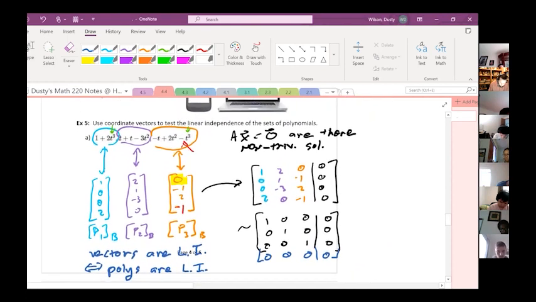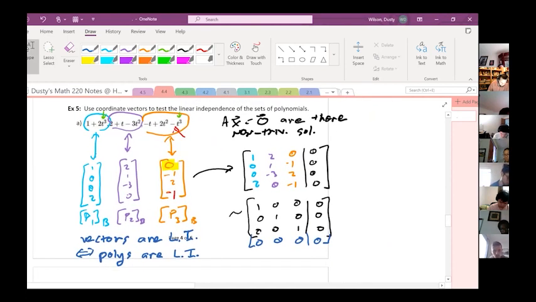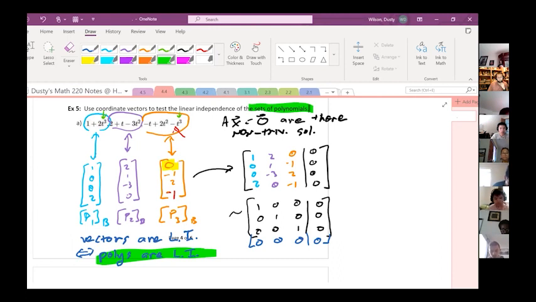What does it mean? What does it mean for polynomials to be linearly independent? Not so much one x-intercept.